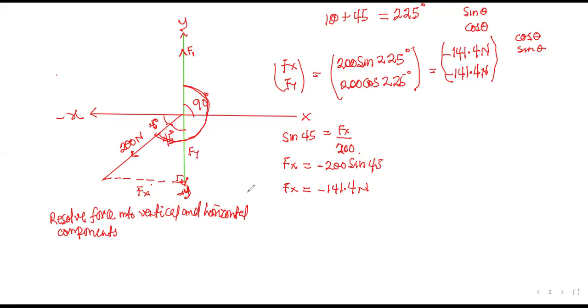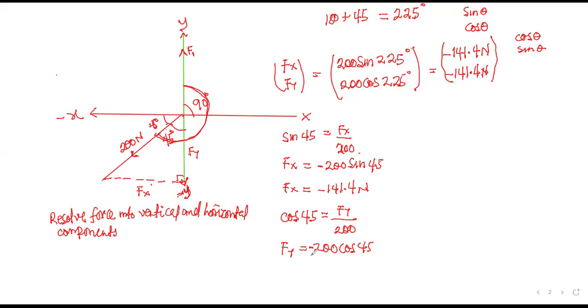If I want Fy, because Fy is adjacent to the angle 45, cosine of 45 is adjacent Fy over hypotenuse, which is 200. Fy is equal to 200 cos 45. Don't forget this side we are calling Fy also lies along the negative y-axis, so it must be negative here.